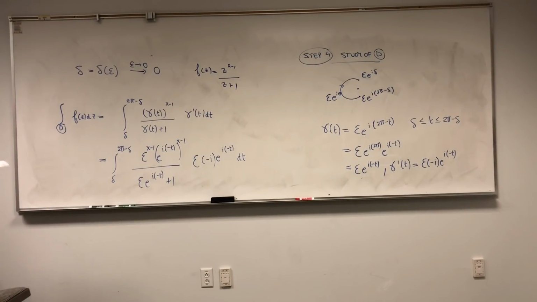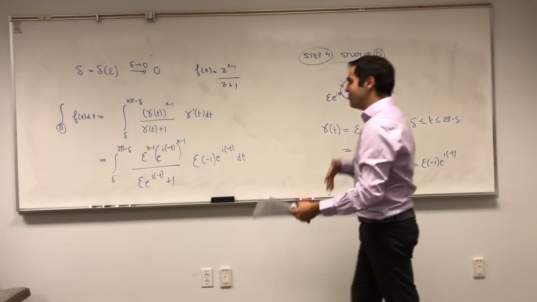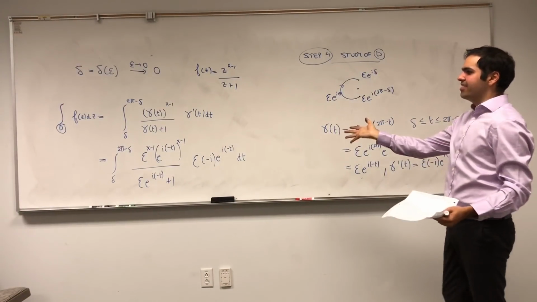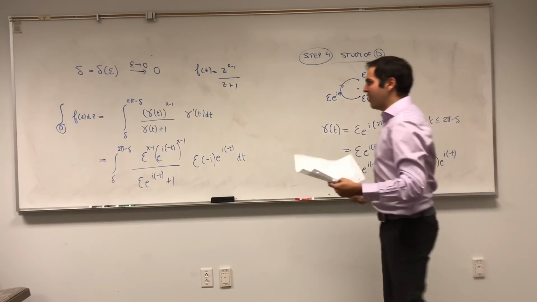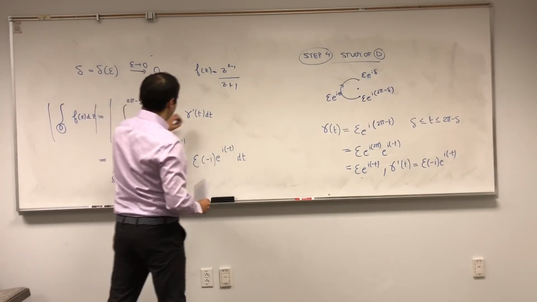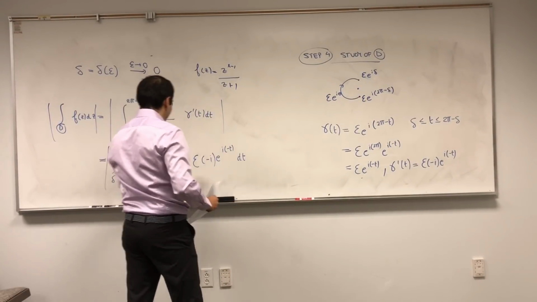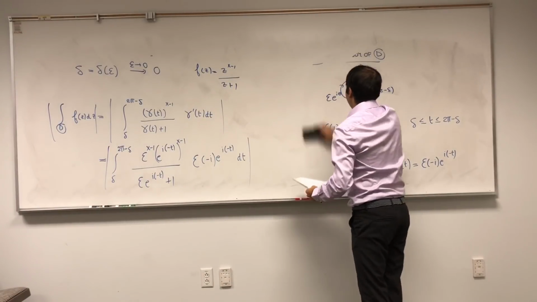Right? Some pretty scary stuff, but even though this is a very scary integral, we want to show that it goes to 0, so we just need to take absolute values everywhere. So absolute value, absolute value, absolute value. And then let's use the triangle inequality.